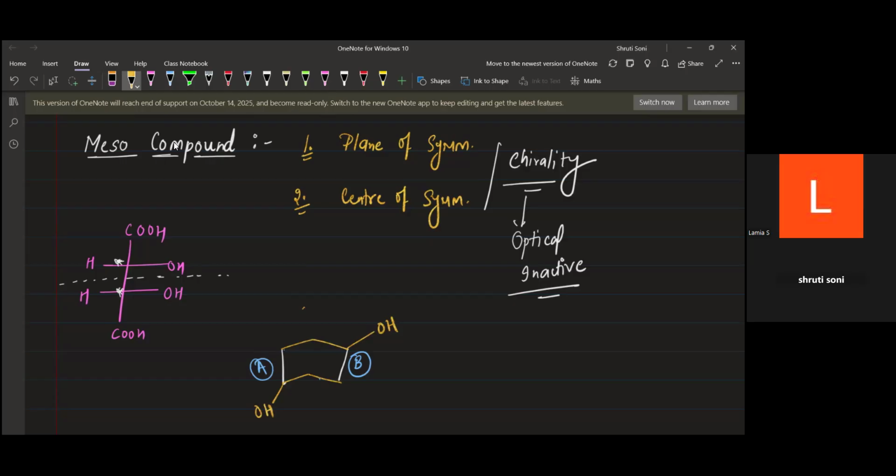We put a center point and from that point we see the distance of the atoms. From above and below both are carbon, diagonally both carbon, and from this side both OH. So there is a center of symmetry present. That's how we check center of symmetry and plane of symmetry. So meso compounds are those compounds which contain a plane of symmetry and a center of symmetry.